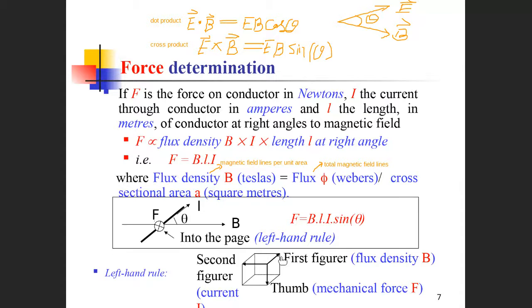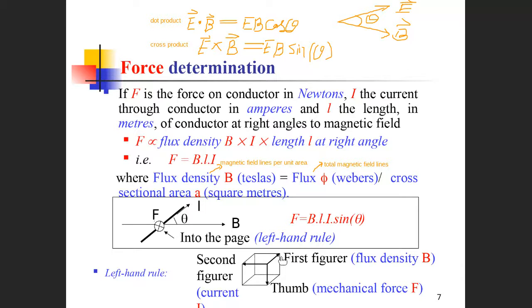The thumb points to the force, the mechanical force. So this is the magnetic field, this is the current. First, the B field. Second, the current. The thumb, mechanical force. Can you see my hand? Right, mechanical force.